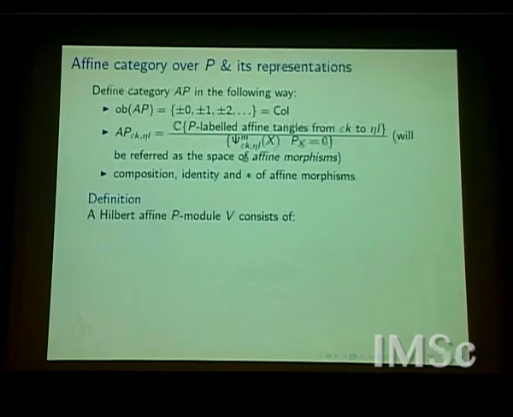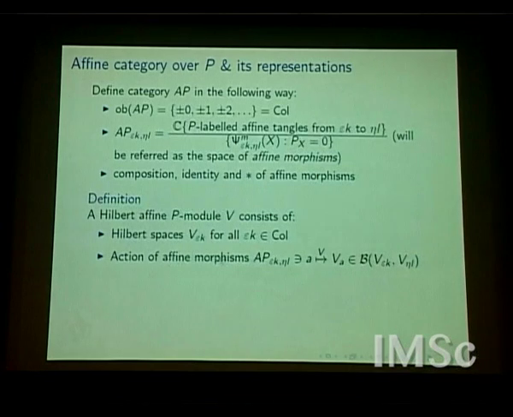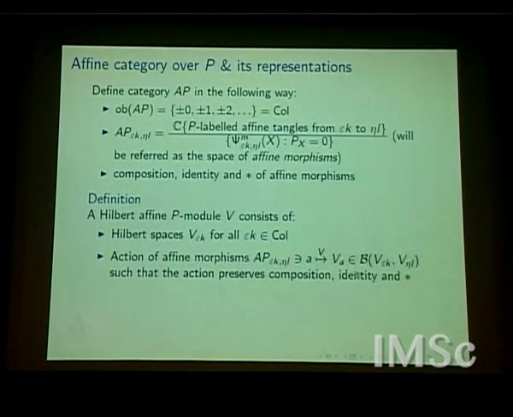Now, what is a Hilbert affine P module? These are the actual things which we worked on. A Hilbert affine P module is a collection of Hilbert spaces V epsilon k for each color epsilon k, and for each affine morphism A going from epsilon k to eta l, there is an action V sub A, which is a bounded linear operator from V epsilon k to V eta l, such that it preserves composition, identity, and the star.